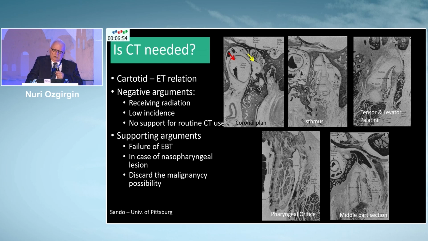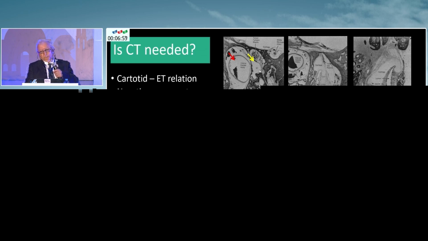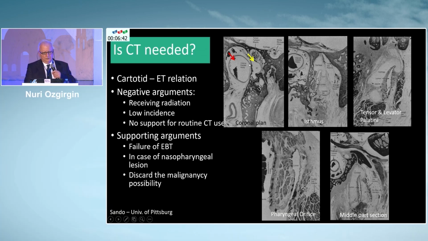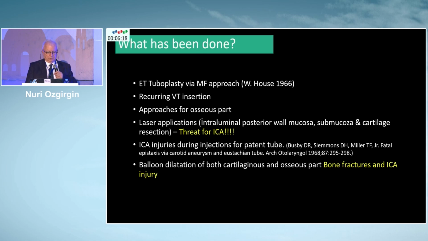When we go through the anatomy of the Eustachian tube, close to the tympanic orifice, sometimes the bony wall of the Eustachian tube may be dehiscent, opening to the osseous canal of the Eustachian tube. This can be a serious condition that may give complications with the surgery.